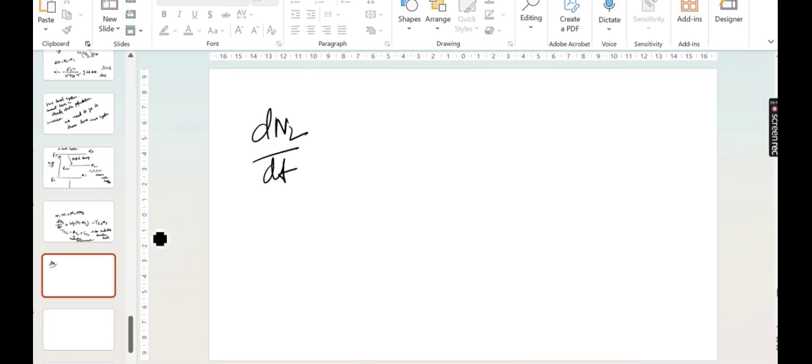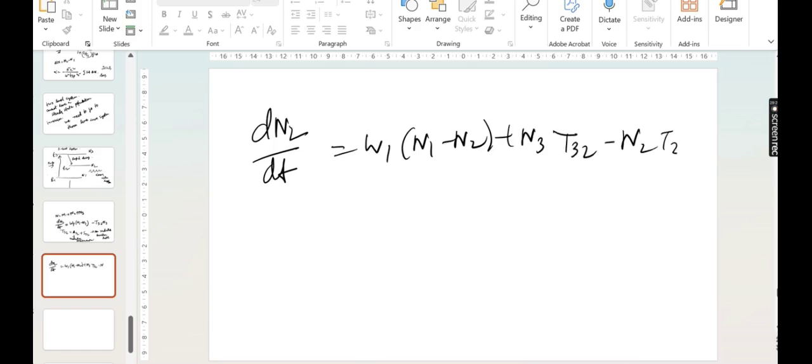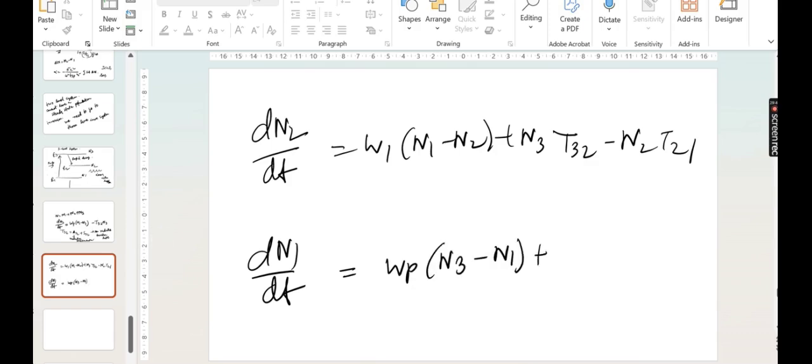dN2/dt is W1(N1 - N2) + N3 T32 - N2 T21. And dN1/dt is basically WP(N3 - N1) + W1(N2 - N1) + N2 T21.